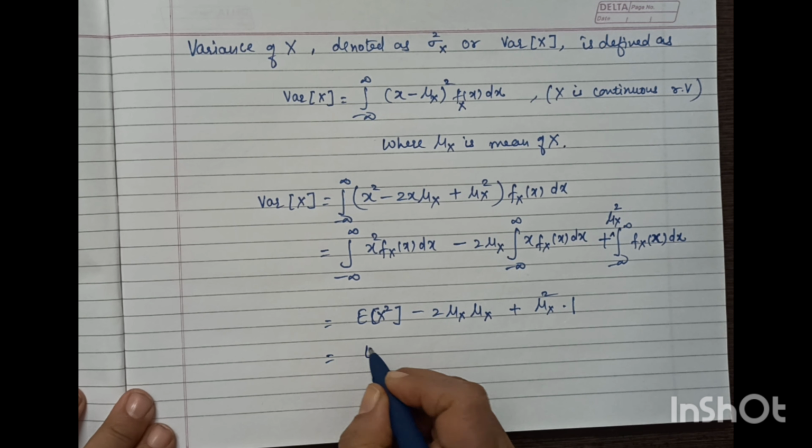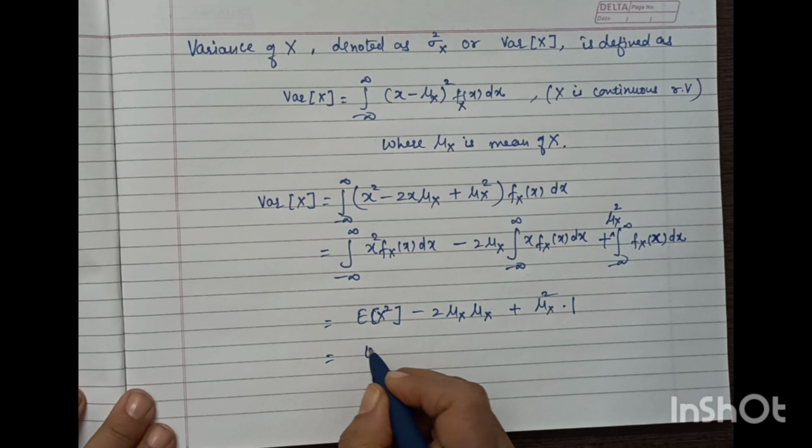So simplifying, this is minus mu x square, which is nothing but the square of expectation. So that is the connection between variance and mean, right?